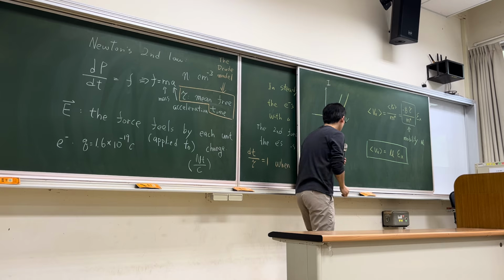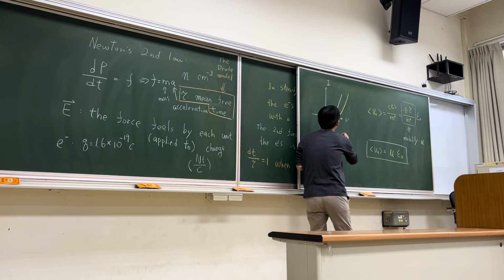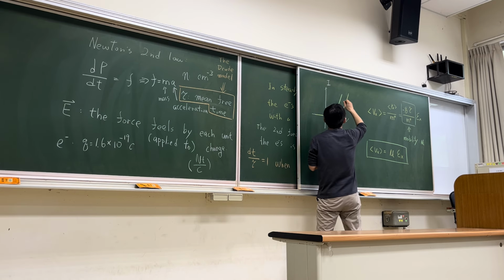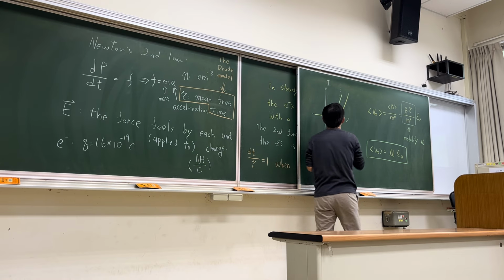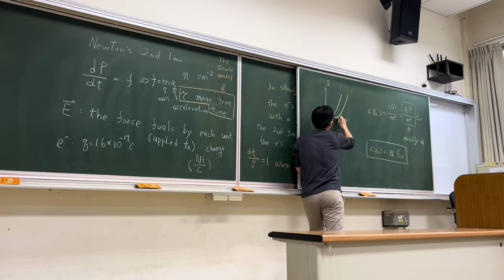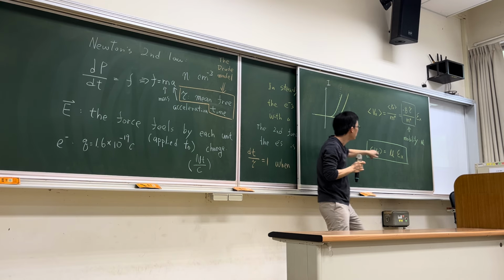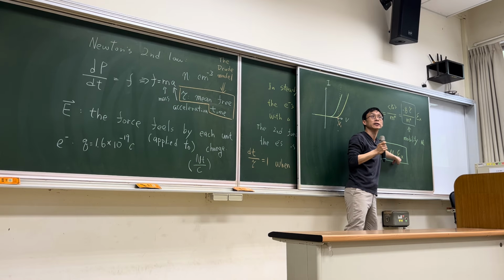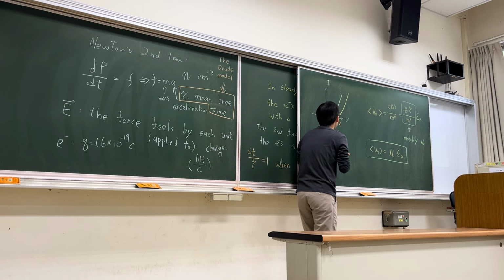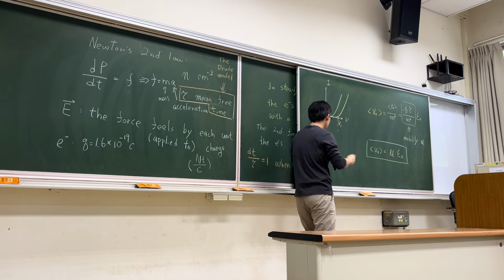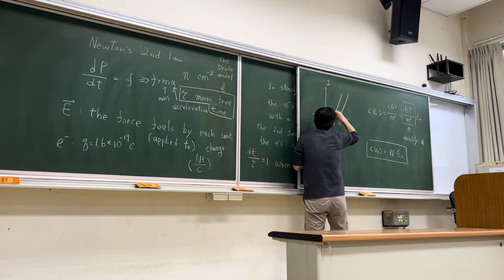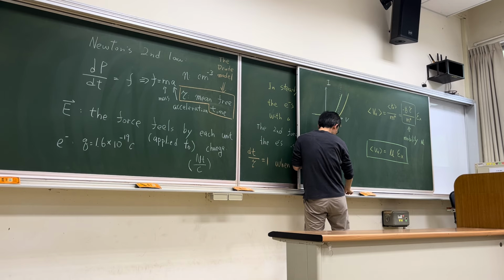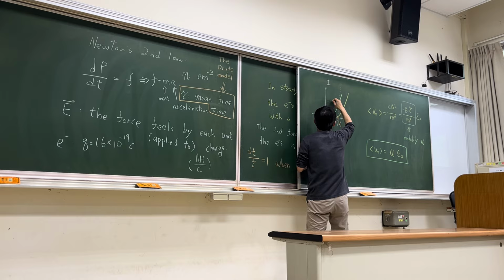Which means when you apply the same bias, V is the same, the electrical field is the same. Under the same bias, the two devices will produce two different currents.